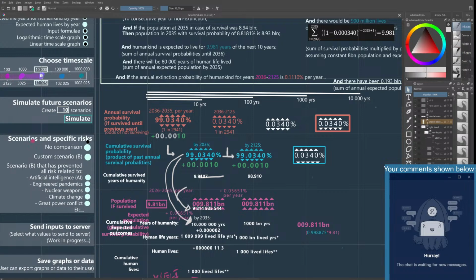So I'm gonna take out those arrows and see how it looks.